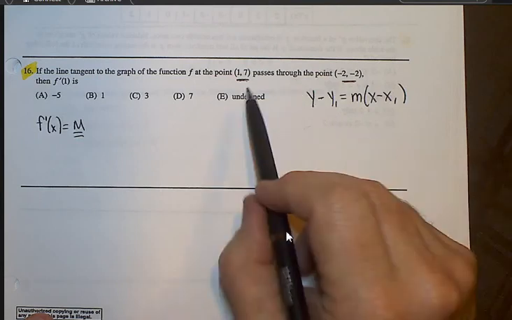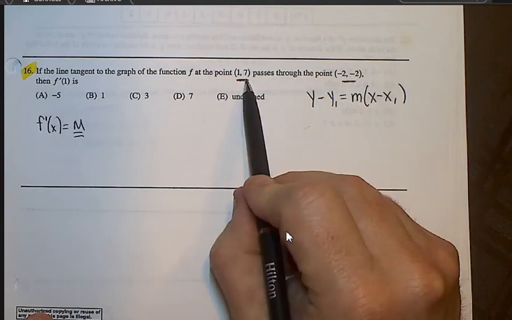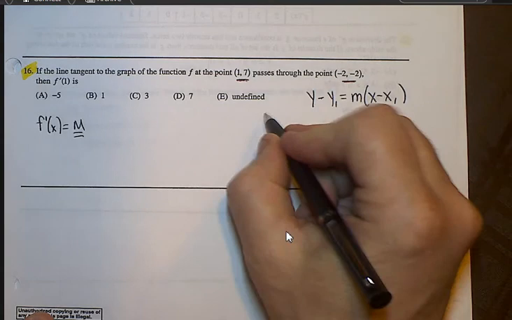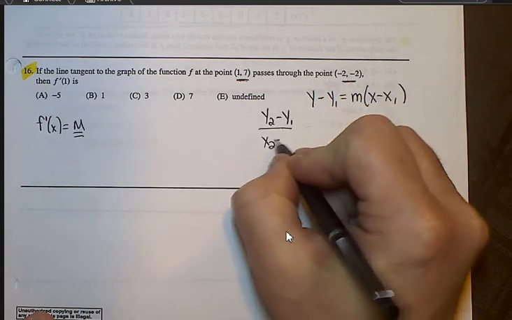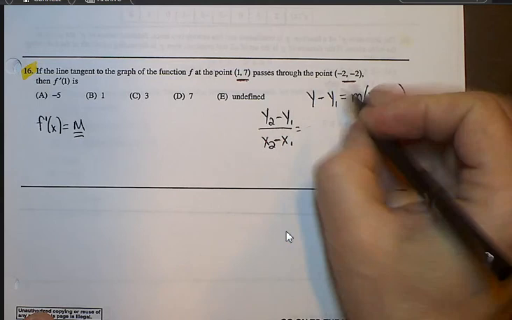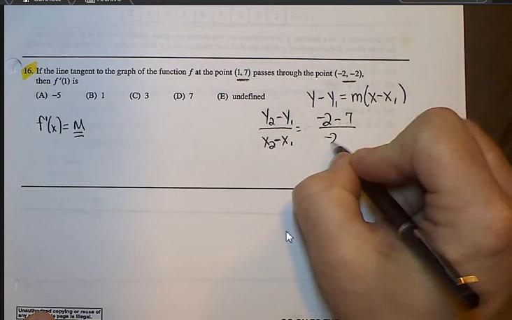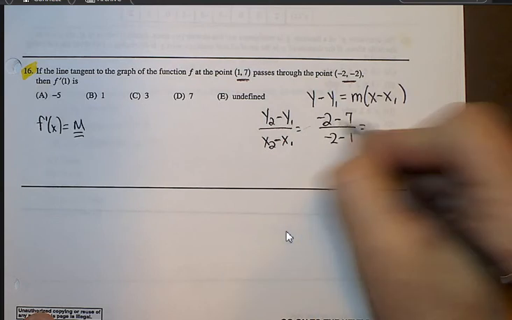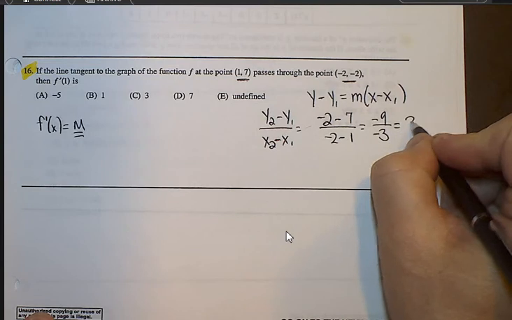We have the 2 points, so all we have to do is find the slope. So y2 minus y1 over x2 minus x1 gives negative 2 minus 7 over negative 2 minus 1. We get negative 9 over negative 3, which is a positive 3.